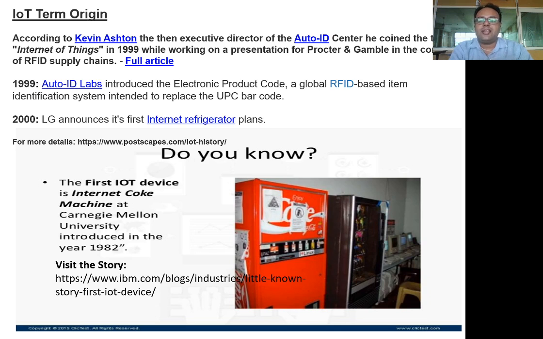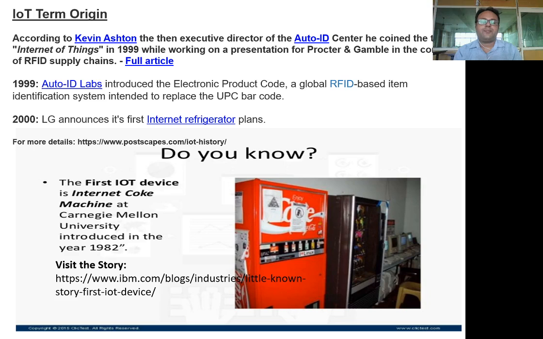And at a later stage, LG in 2000 also introduced their first internet refrigerator. But above all, in 1982 there was a prototype experimented with by Coca-Cola, and that was implemented by some students of Carnegie Mellon. They connected a refrigerator to the internet.